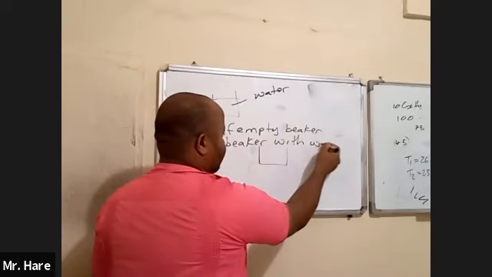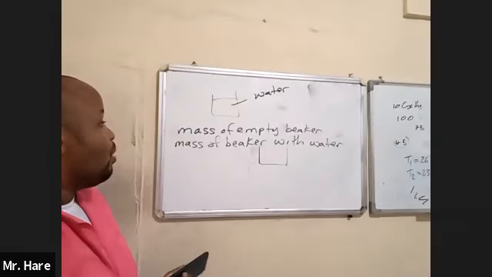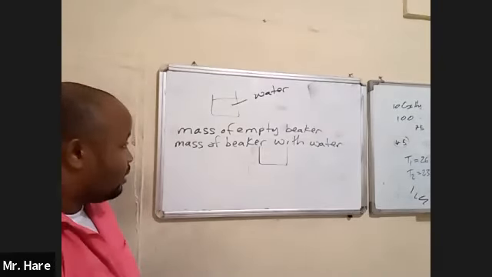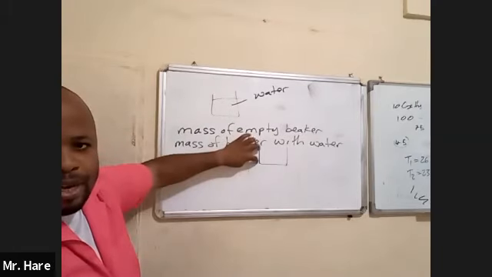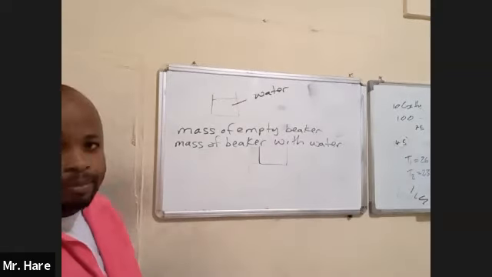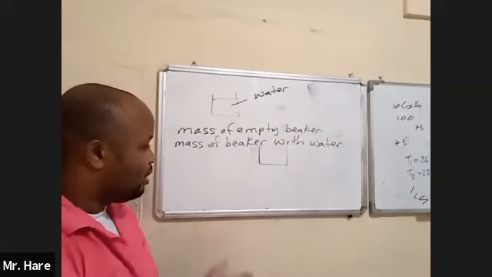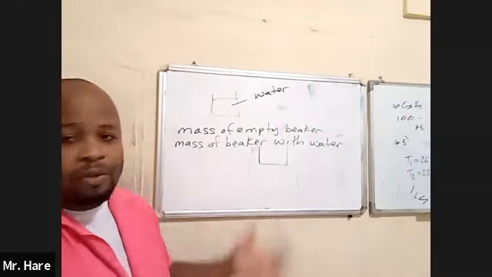That is correct. So you're going to weigh the empty beaker, then you're going to transfer 10 ml of water to the beaker, and you record the mass of it. Good? And then you're going to pour out the water, dry it, and do it over and over again.